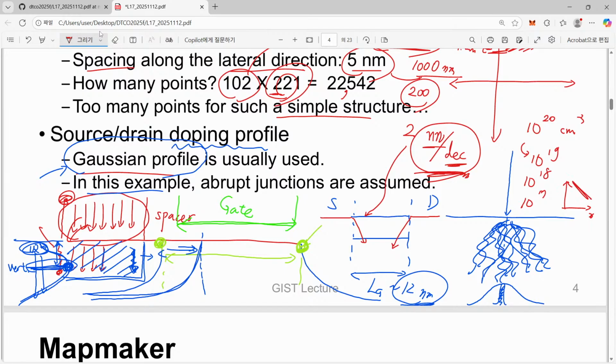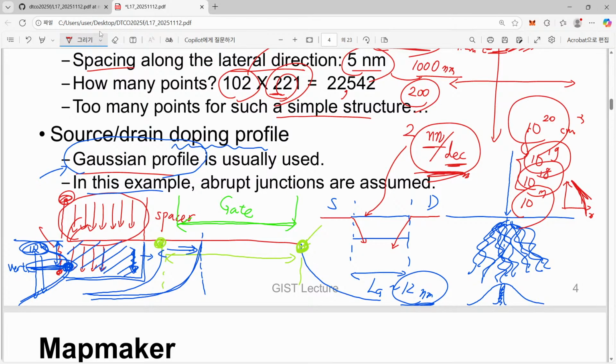So actually we have, as I told you before, a more or less Gaussian profile. But if we have doping density down to 10 to the 17, 16, 15, actually they are not counted as a valuable number for doping density. Only the numbers like 18, 19, 20 are important for the doping profile.